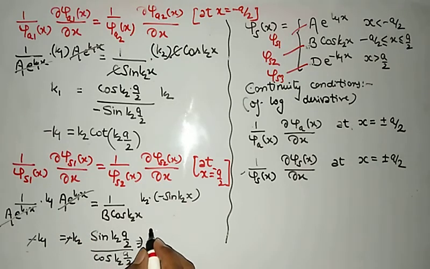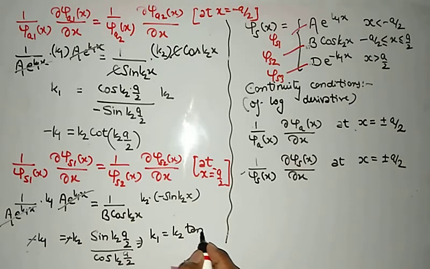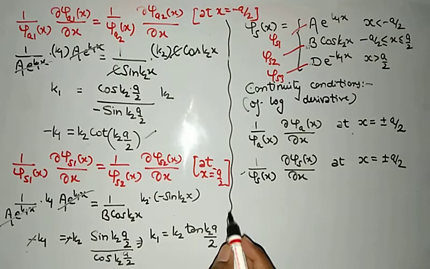So what we get, k1 is equal to k2 tan k2 a by 2. So we have got this relation and this relation.